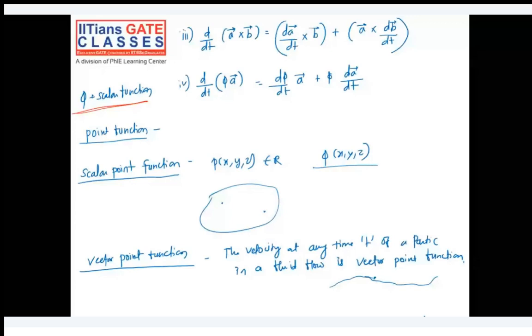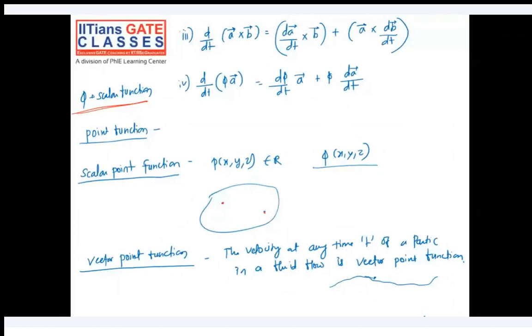So in simple words, a scalar point function is defined as a function which assigns a real number to every point of the region in the space. I have given some region here, and I have drawn 2 points. Corresponding to each point we will have one real number, or scalar value. So that function will assign some real number to every point in this region.